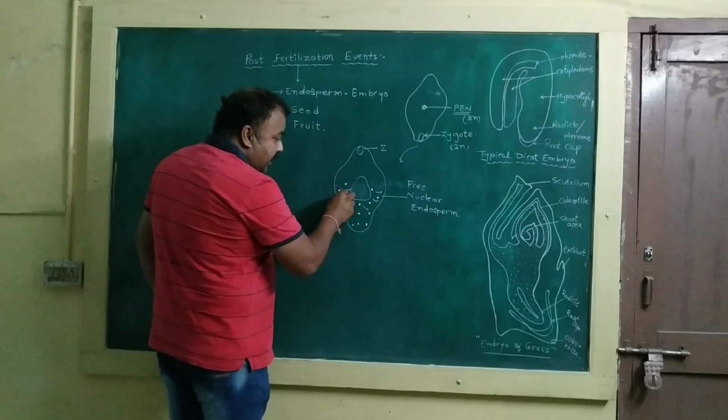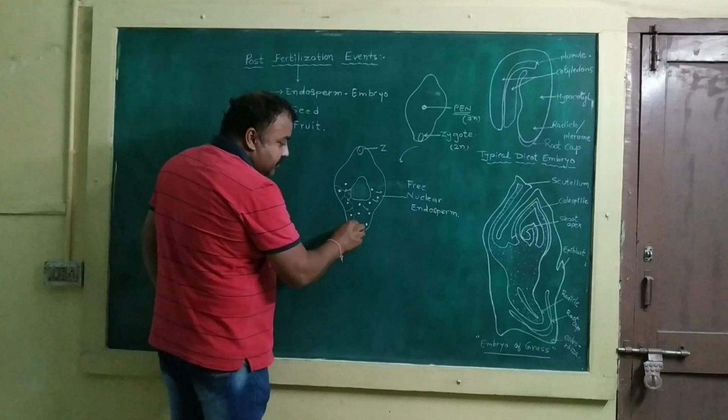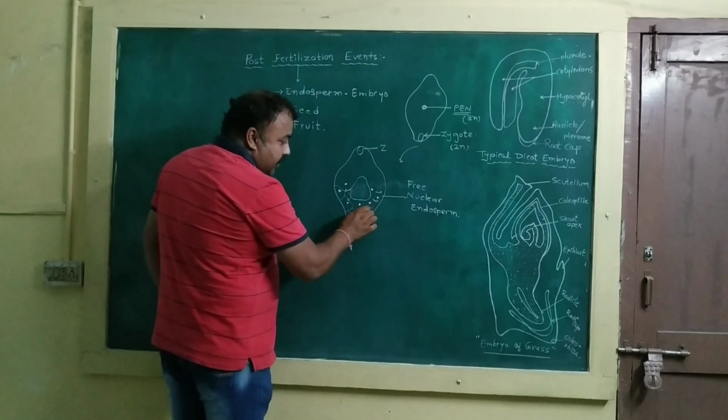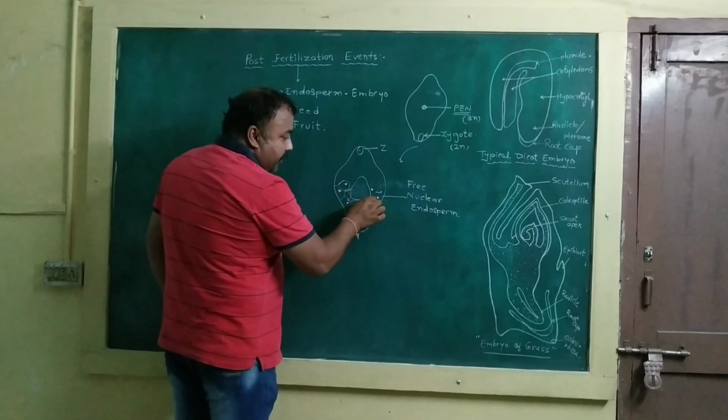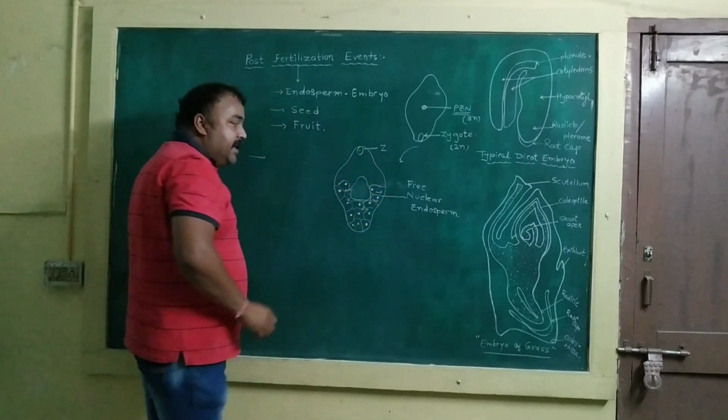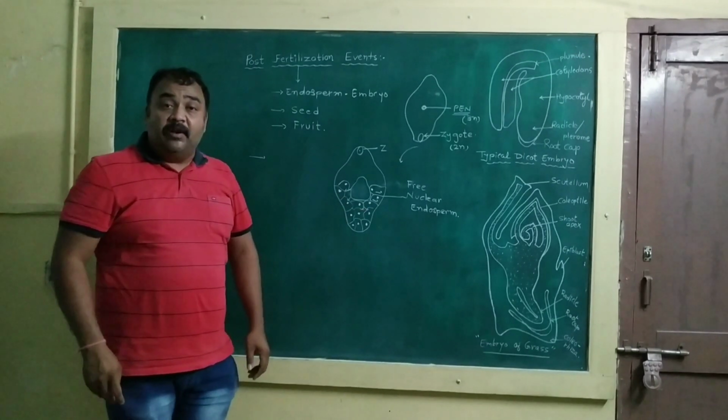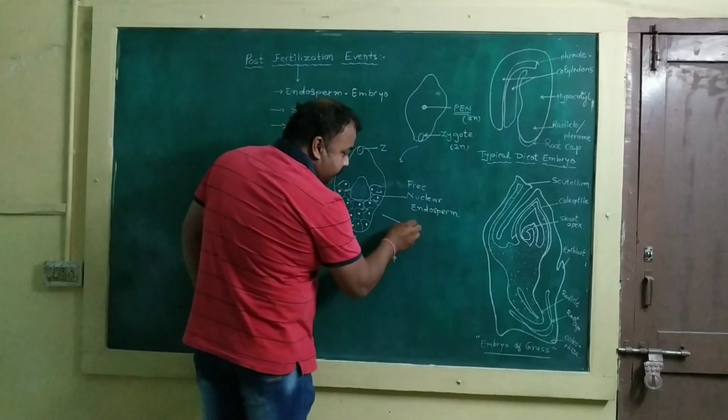Now cytoplasmic division occurs, so that the free nuclear endosperm is converted into cellular endosperm.